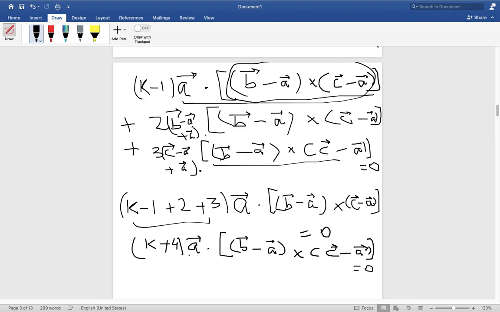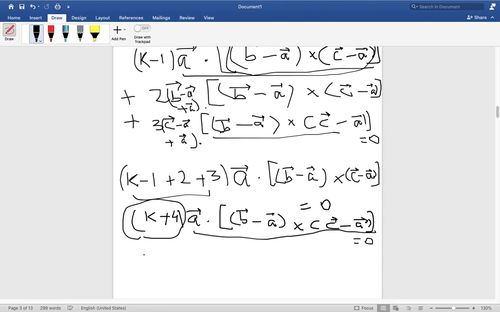Now we don't know what's the value of this a dot b minus a cross c minus a. It might be 0, it might not be 0. But k plus 4 has to be 0, right? k plus 4 is 0 is a solution of this equation. So k plus 4 is 0. That means k is equal to minus 4. That's it.